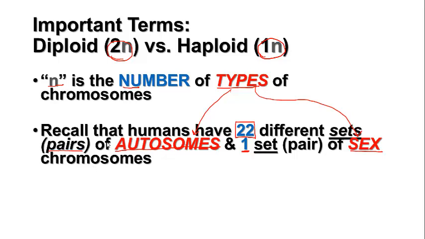All right, but the N is only referring to the number of types. Okay, in this case, we have 22 different sets of autosomes and one set of sex chromosomes. All right, being the basic organizing principle of the genome that is present within the nuclei.